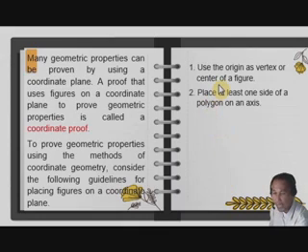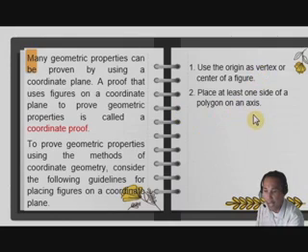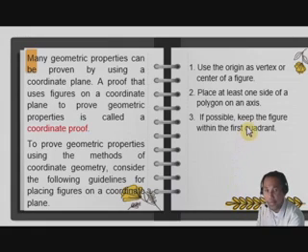At ito yung ating magiging mga guides. Kailangan ang origin natin ay magagamit na vertex or pwede center ng ating figure. Pero kadalasan vertex po yun. Okay. Then, yung isang side dapat nasa axis siya, nasa x-axis or y-axis. Tapos, if possible, keep the figure within the first quadrant.